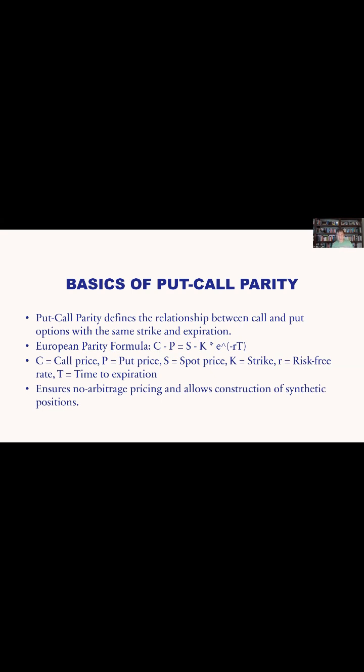So K in this case would be 100. And if the interest rate is around, let's say, 4% and time to expiration is around 1 year, then that factor is going to be basically 0.96. And so 0.96 times 100 is going to be 96.